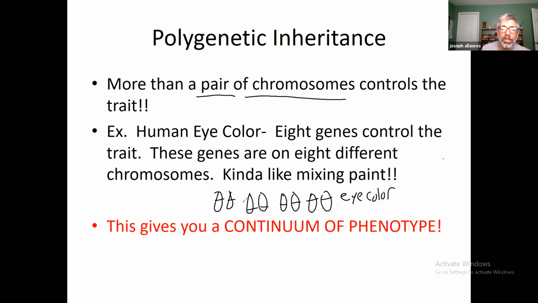So they each literally are contributing an eighth to the color of your eyes, right? Combine that with multiple alleles, and man, it can get complicated. And that's why if you looked at a room of people, you would see every imaginable shade of eye color, from the darkest dark to the palest gray, right?